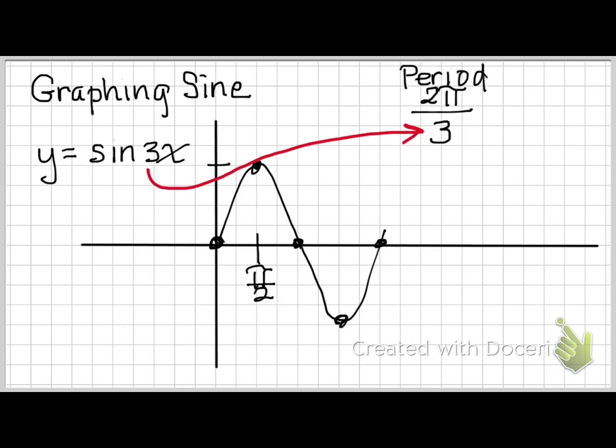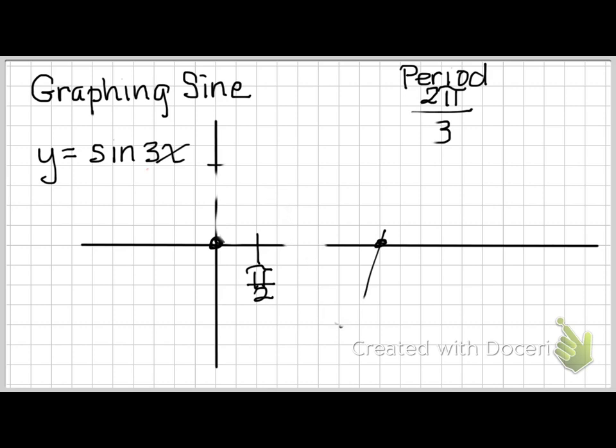How long does it take to go through a cycle? And 2 pi is the base period, and then we're going to divide it by whatever this number is here to get the variation. So for this one, I want to go through a period of 2 pi over 3.